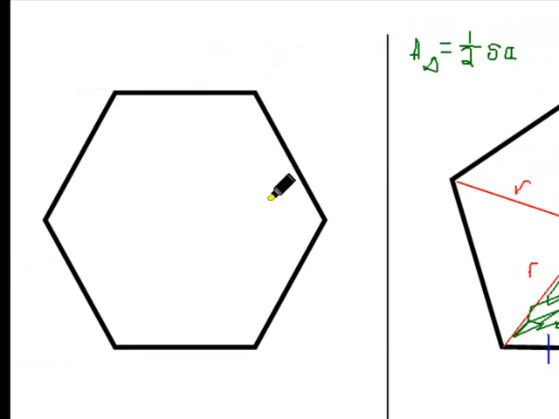Okay? So let's see it in action over here in our hexagon. I'm going to put some numbers to it right quick. Let's just say that this side is, I don't know, we'll make it nice and happy. We'll call it 12. Okay? Our formula we're going to use is area equals 1/2 apothem times perimeter.